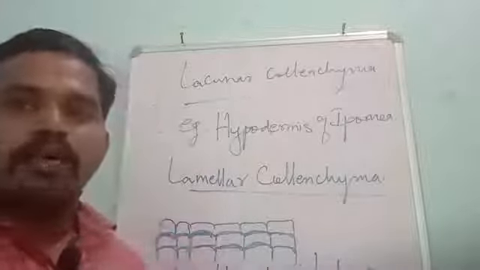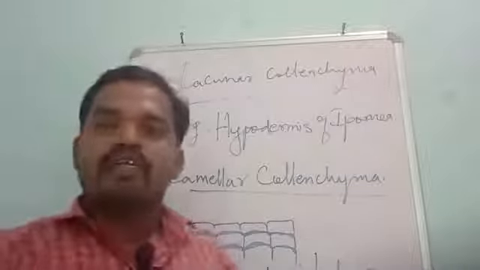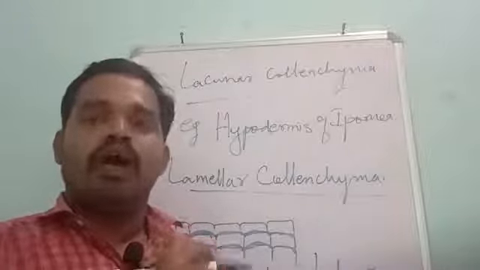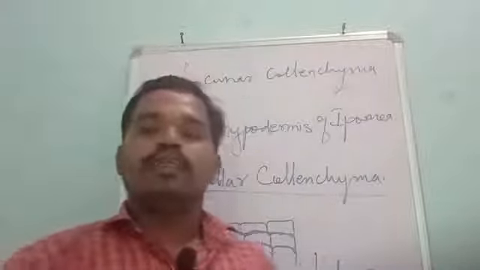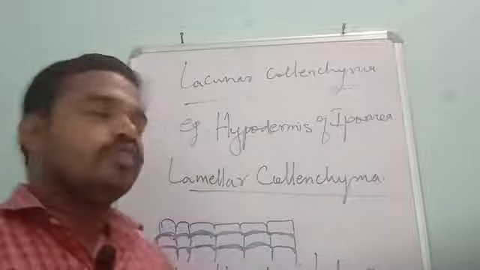Collenchyma has three types. One is angular collenchyma: at the angles where the cells meet, the cell wall is thickened by cellulose, hemicellulose, and a major portion of pectin.